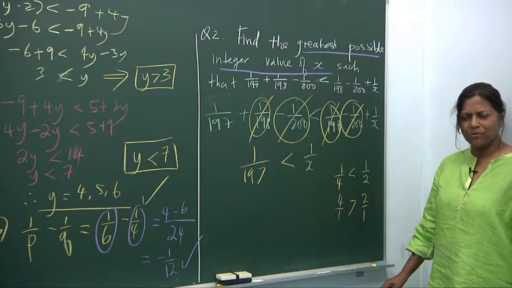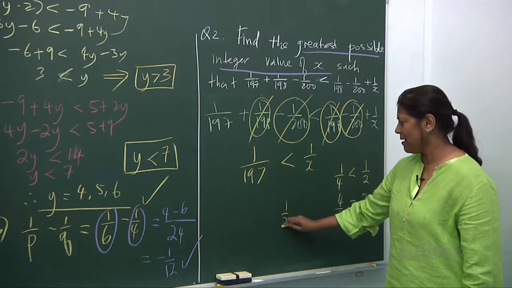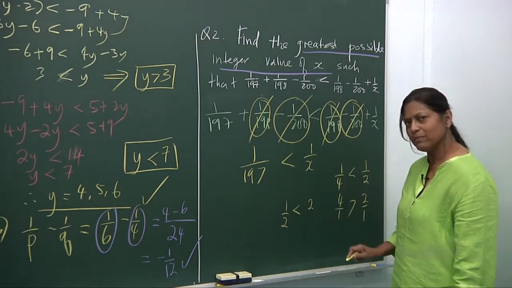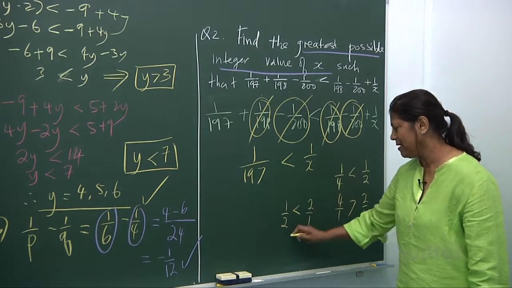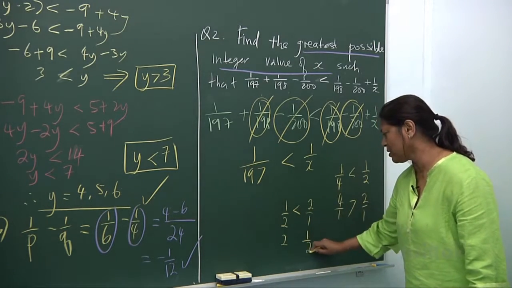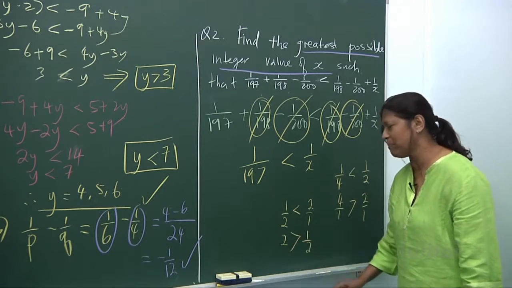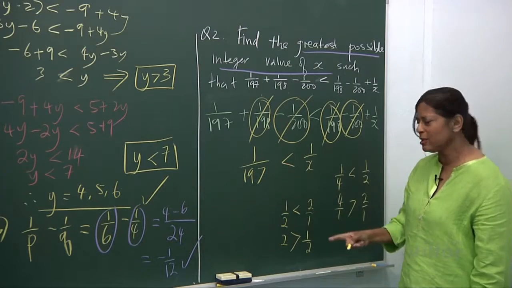You get what I'm trying to say? For example, a half is smaller than a 2. This is 2 over 1. Let me turn it. And this, I turn it, 1 over 2. This becomes bigger. Do you see that?